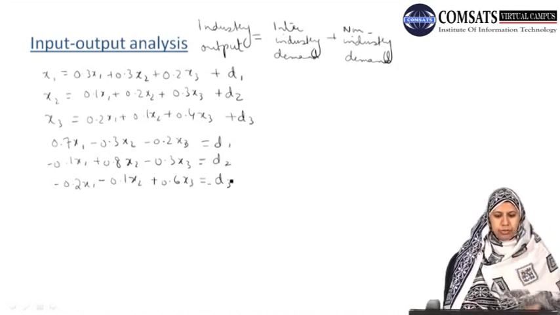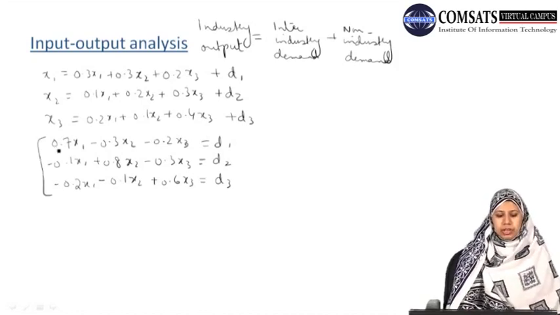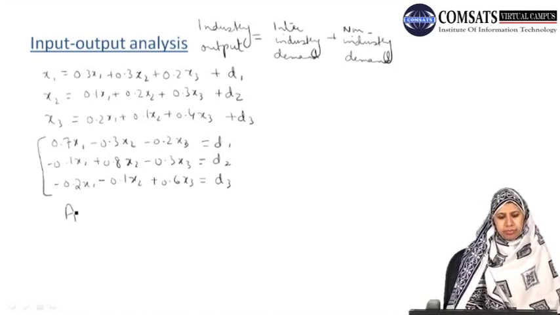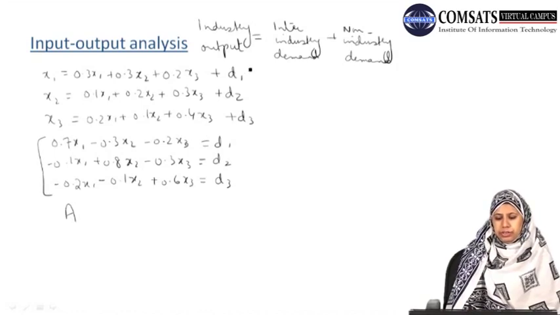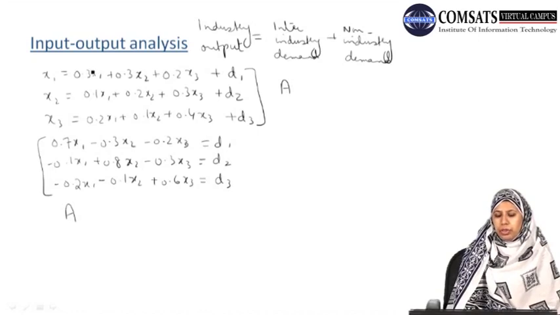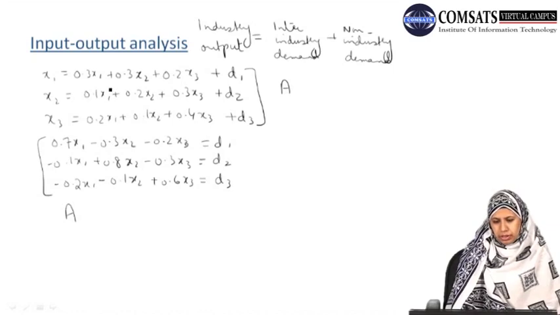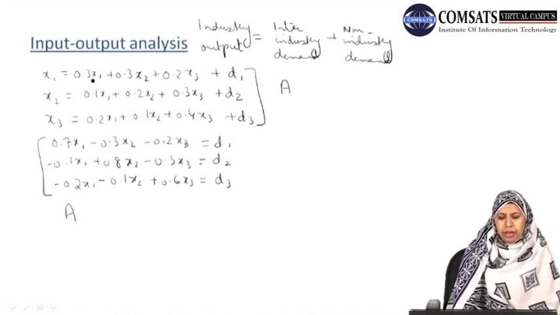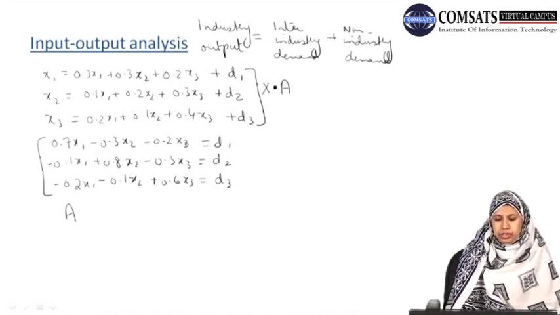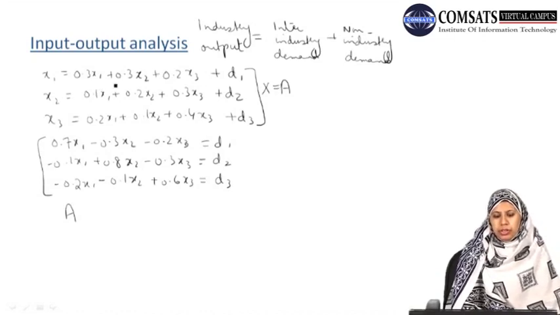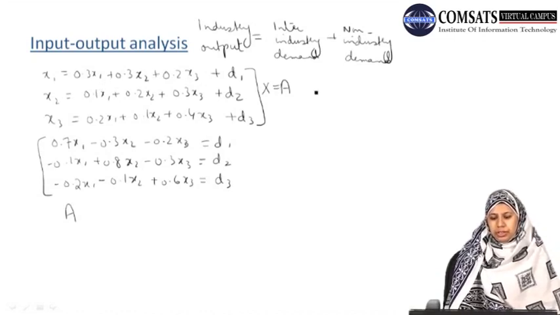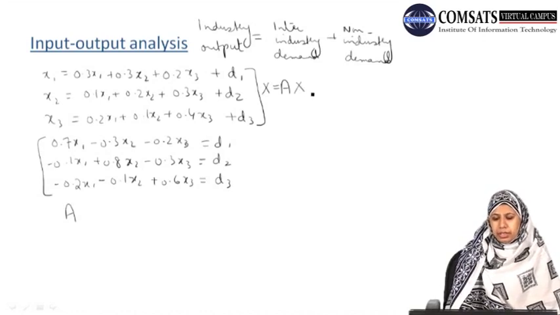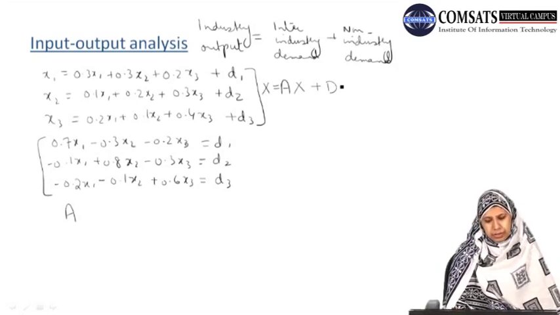So if we look carefully at this set of equations, we have our matrix A. This gives us our matrix A. These coefficients 0.3, 0.3, 0.2 are nothing but the entries of our matrix A. Now on the left hand side we have our matrix X of unknowns is equal to matrix A multiplied by the matrix X, plus our matrix D, that is the non-industry demand matrix.